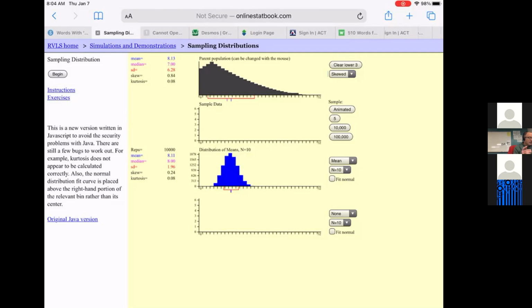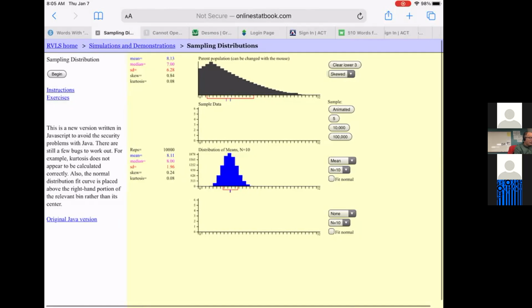Okay, to then continue on to what we're after. I didn't work with this yesterday at all, and I wish there was some way for me to laser point on this. If you look in the upper left hand corner, it gives me the summary statistics of my original parent population, which had a mean of 8.13.